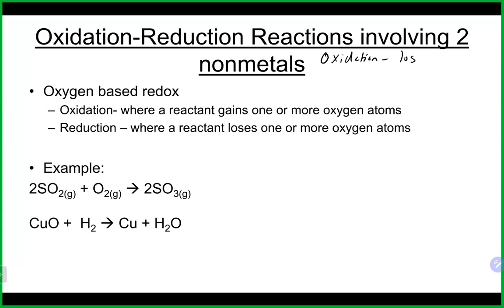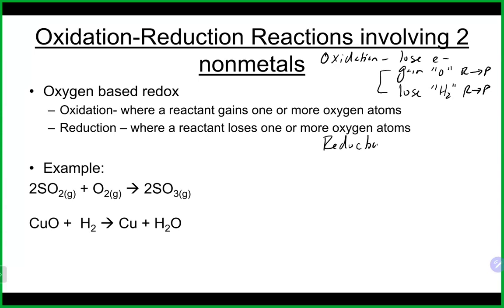It is the losing of electrons. It is the gaining of oxygen from reactants to products, and it is the losing of hydrogen from reactants to products. Again, the oxygen and hydrogen definitions we will see more in organic than we will probably in this chapter, something we see in organic chemistry a little bit down the road.